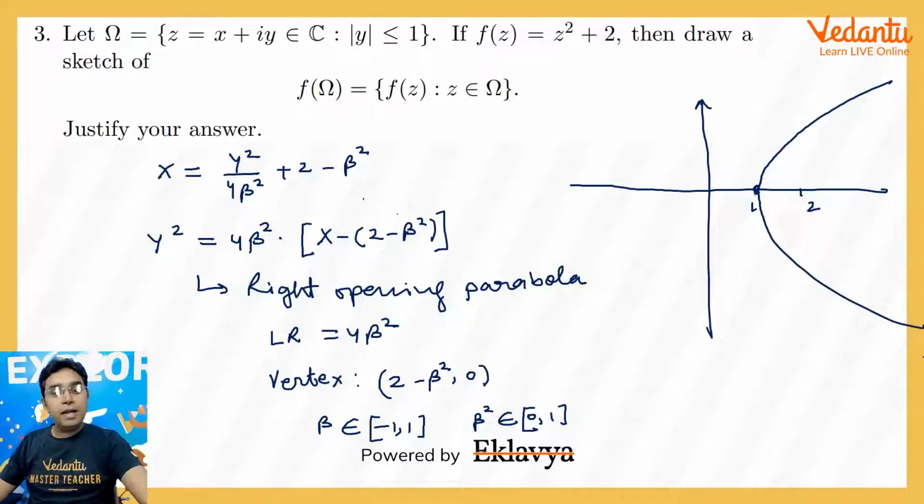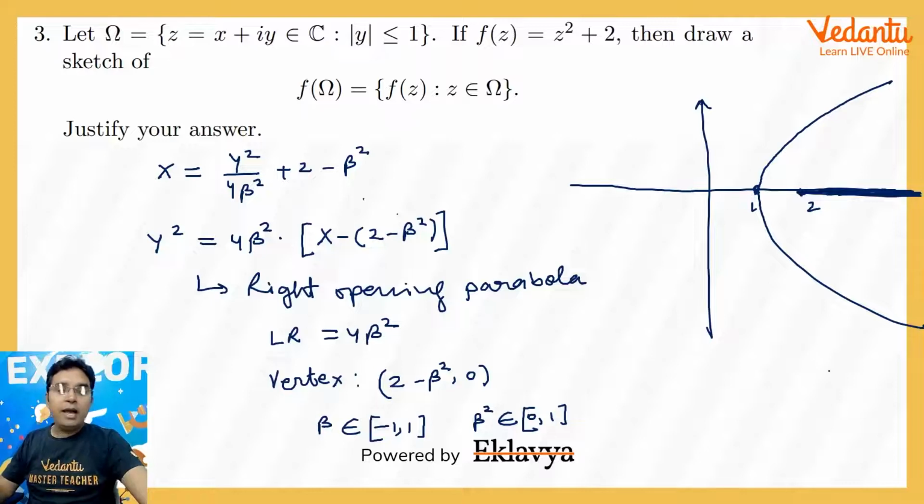If I take the other extreme, in which β² is 0, then vertex will be at 2, but latus rectum will become 0. That means this will be nothing but a line aligned towards the x-axis like this.